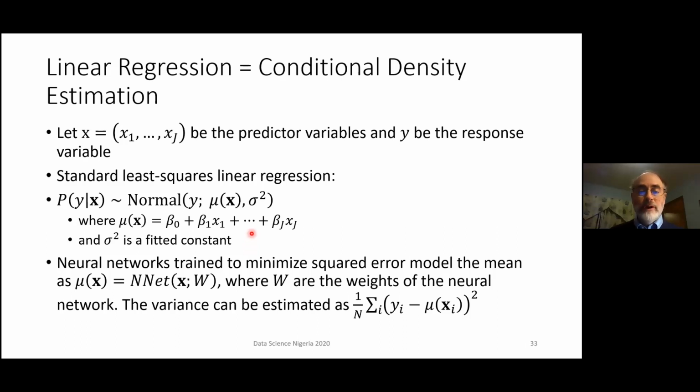We could also do neural network regression, where we model the mean as a neural network with some weight vectors, and we can estimate the variance as just the squared error of our fit to the observed y values.